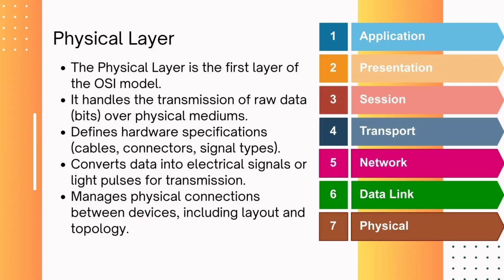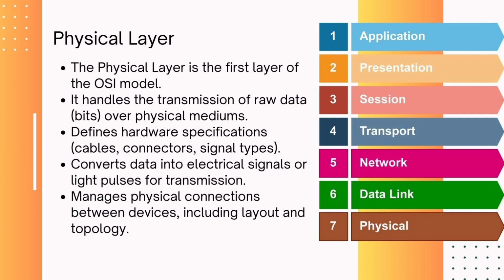Similarly, the physical topologies which we discussed in our basics, the different topologies to connect computers in a computer network, for example the bus topology, star topology, ring topology, and mesh topology, all come under the physical layer.